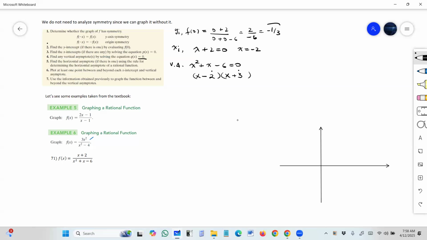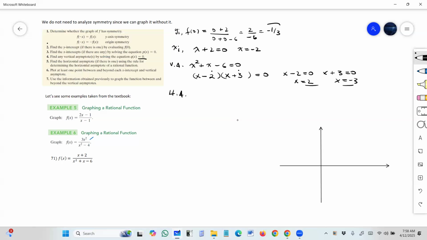The product is negative 6, and the sum is positive 1, and then we're going to set that to 0. Now, by the zero product rule, you set each factor to 0 and solve independently. On the left equation, you add 2 to both sides. On the right equation, you subtract 3 from both sides. Okay, so here are my two vertical asymptotes.